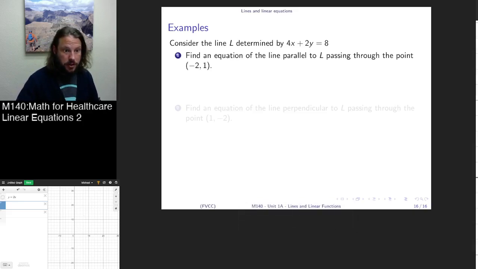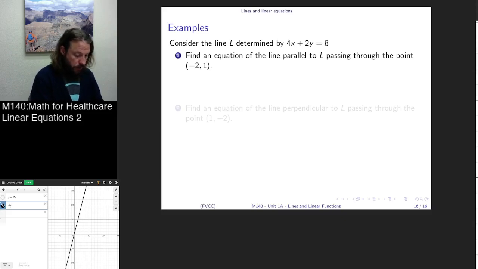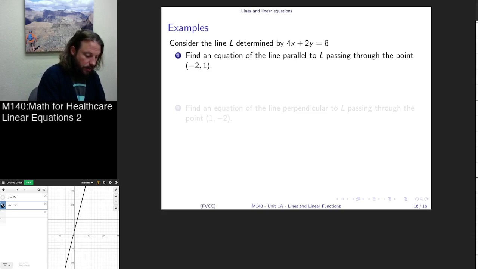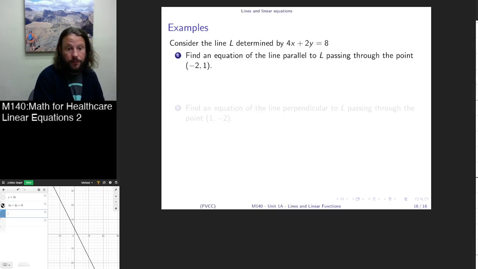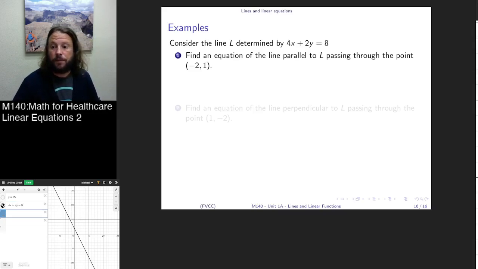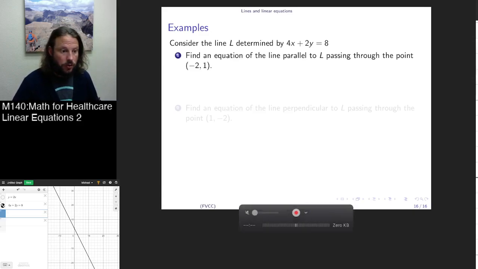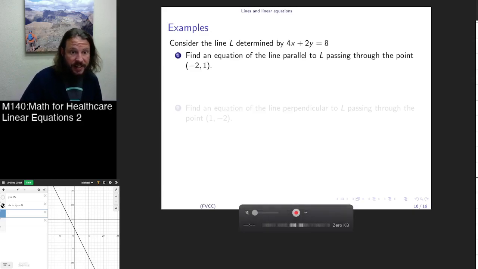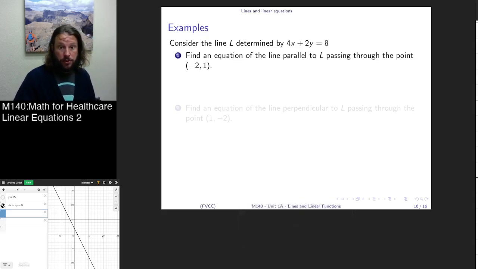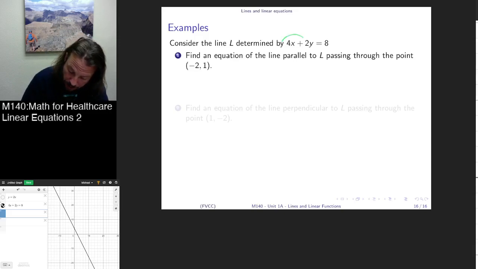Let's take a look at that in the smaller Desmos window. 4x plus 2y equals 8. Now, it has a negative slope. Let's see what we find out here. The slope of the original line, we'll call this m.